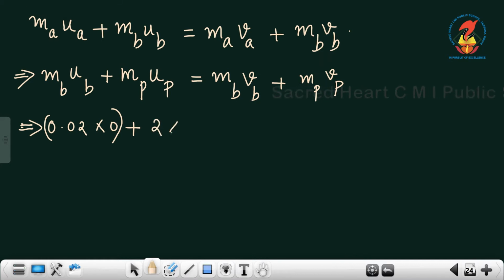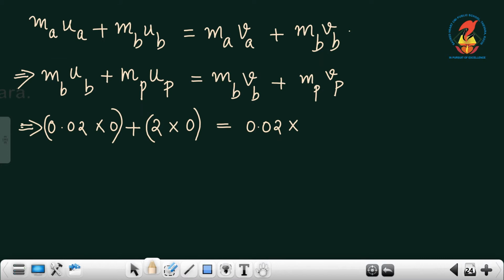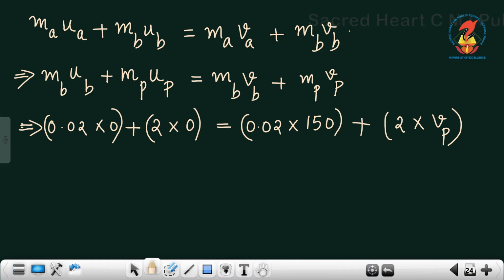So, 2 into initial velocity of pistol, again 0 because the pistol and bullet were at rest before firing, equal to mass of bullet 0.02 into VB, the velocity with which the bullet moved, 150 meter per second, plus mass of pistol 2 into VP. VP is what we need to find.